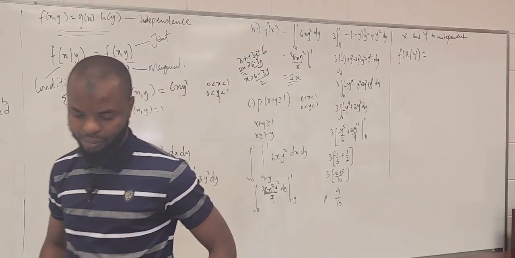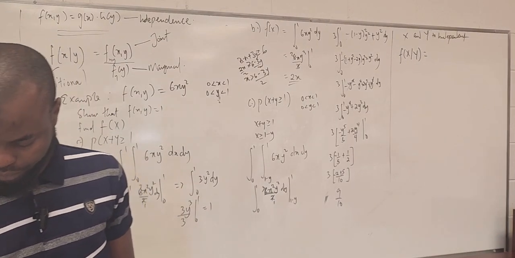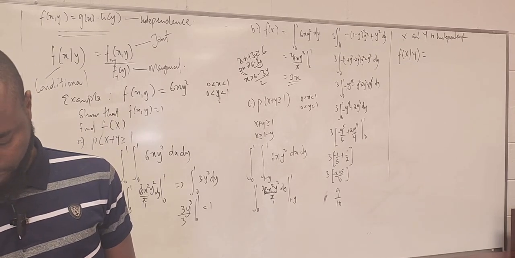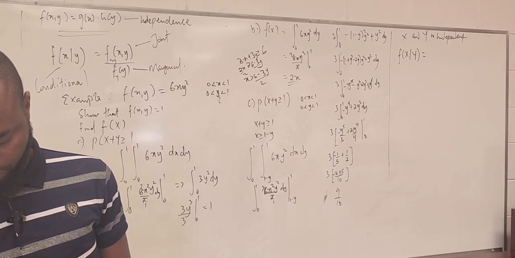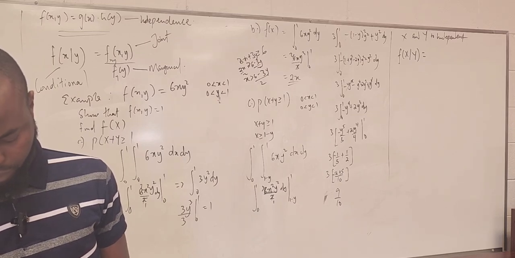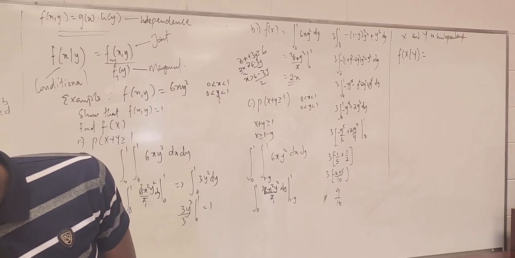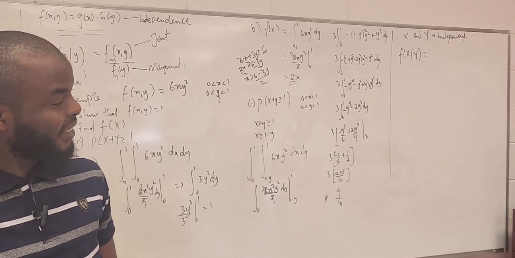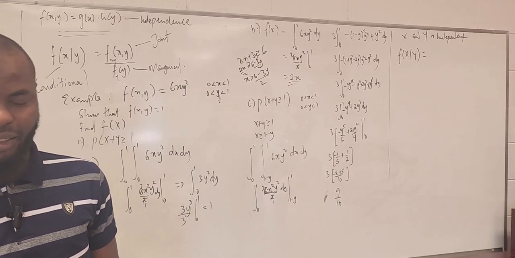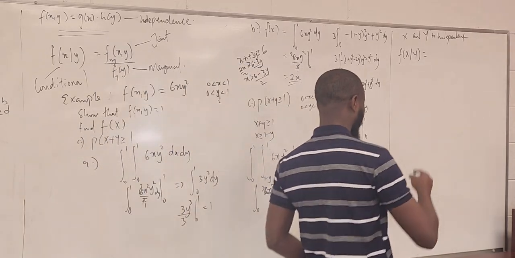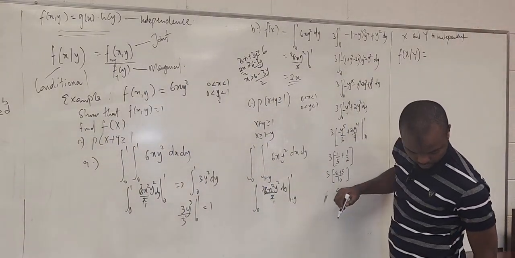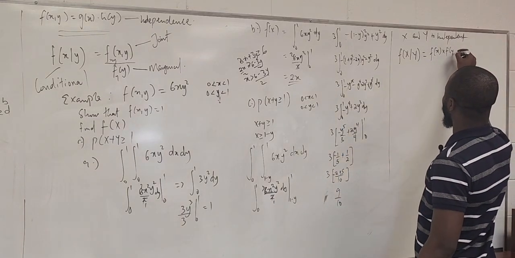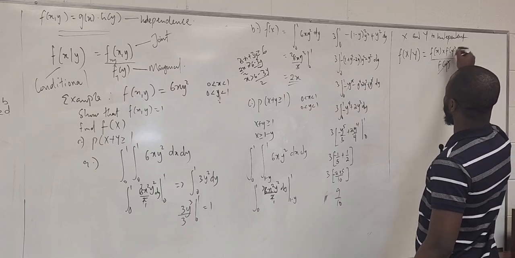It's the marginal of x. So here we have fx times fy, which is the joint. So you have this.